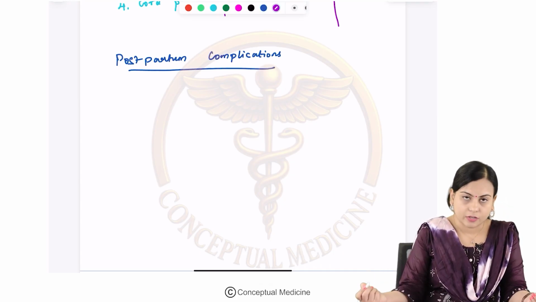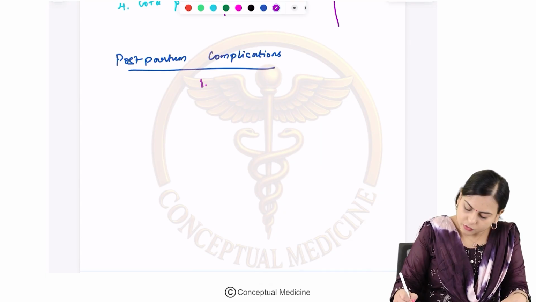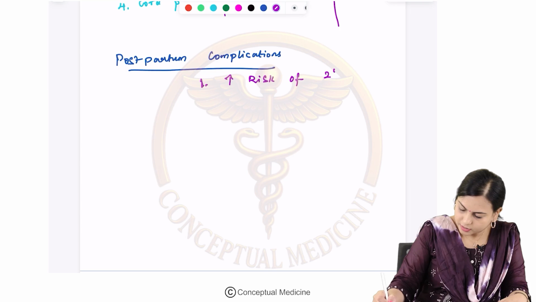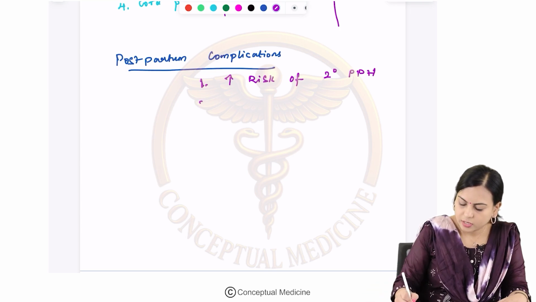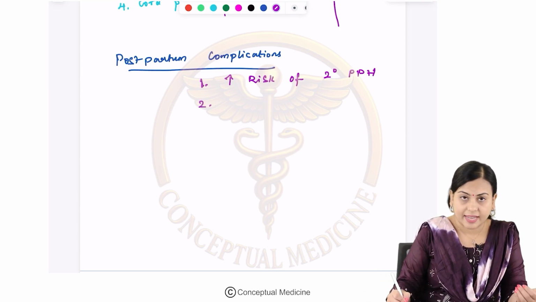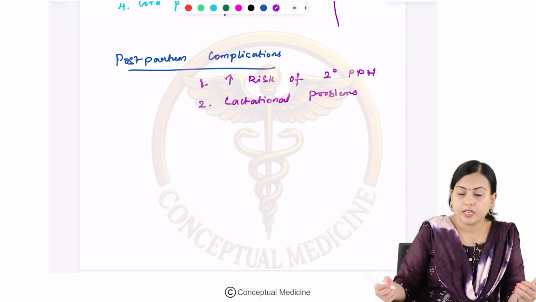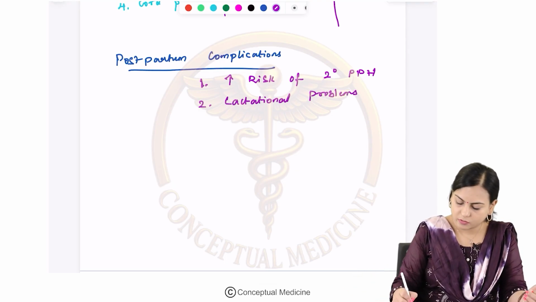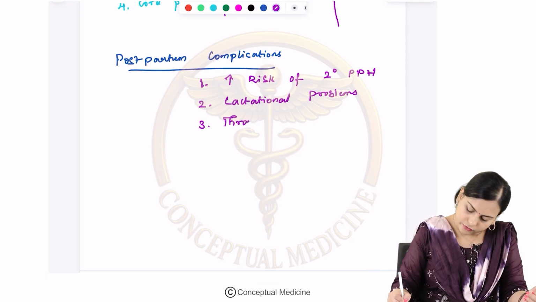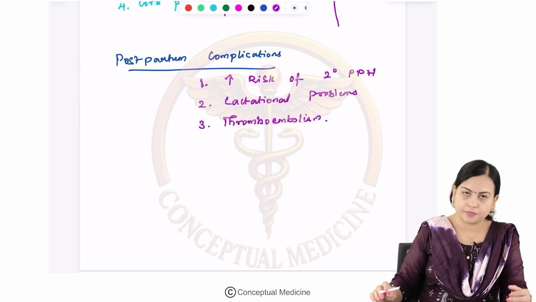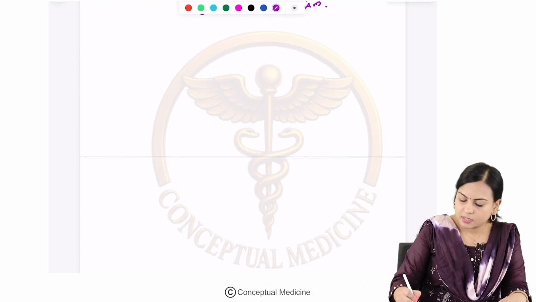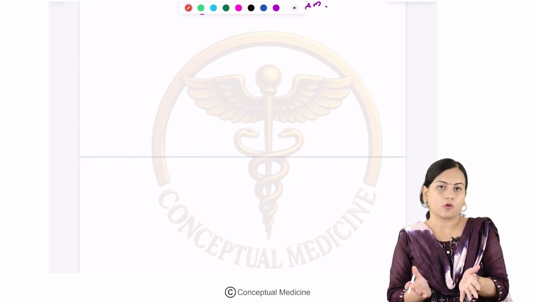There can be increased risk of secondary PPH. They may have lactational problems and increased risk of thromboembolism as well.